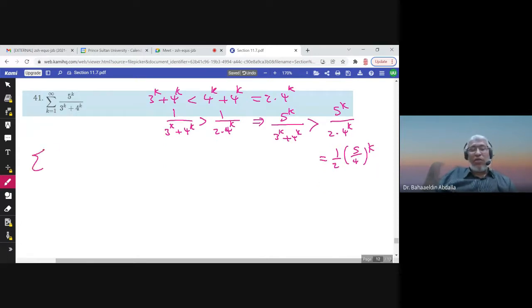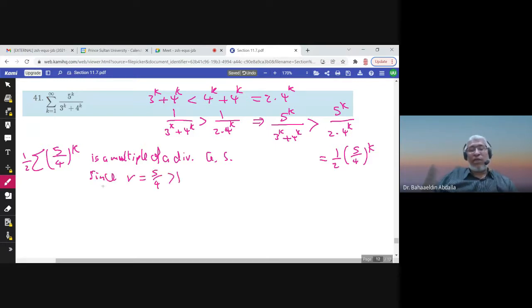And summation of 5 over 4 to the power k times half, if you like, is a multiple of a divergent geometric series, since r is 5 over 4 and it's greater than 1.